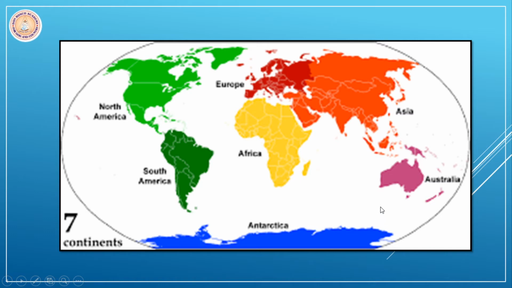Oceanography is the science and study of oceanic phenomena. The five important oceans in order of their size are Pacific Ocean, Atlantic Ocean, Southern Ocean, Indian Ocean, and the Arctic Ocean.